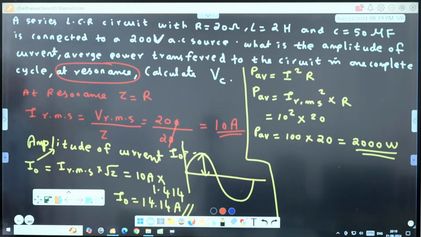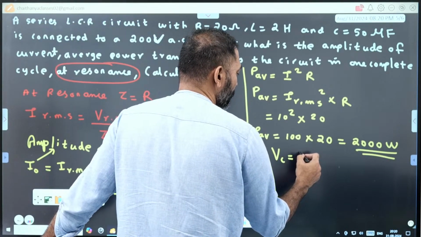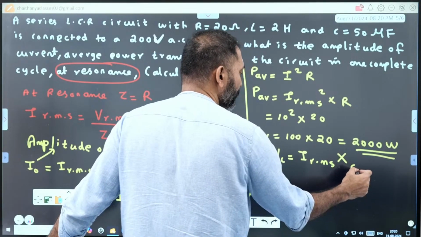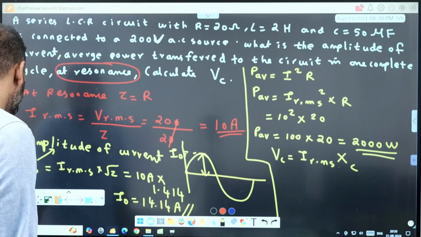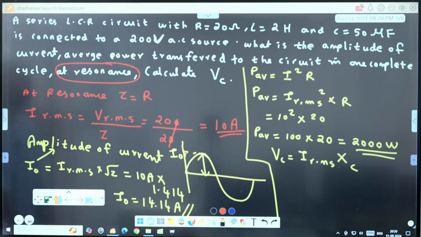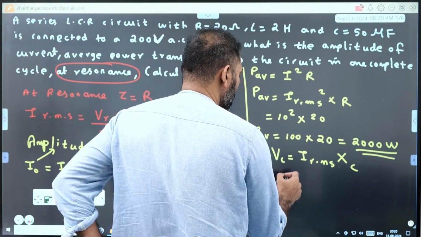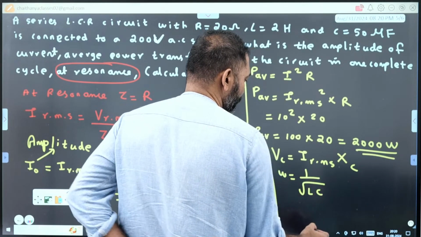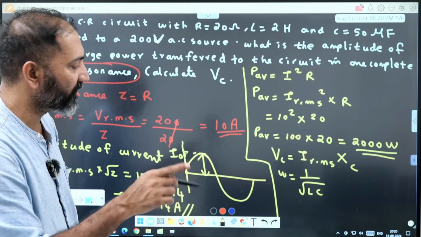Okay. Now we have to find the voltage across the capacitor. Voltage across the capacitor is IRMS into the resistance offered by the capacitor, which is the capacitive reactance. For getting capacitive reactance, we know that omega is equal to 1 by root LC, because I know that the circuit is under resonance.